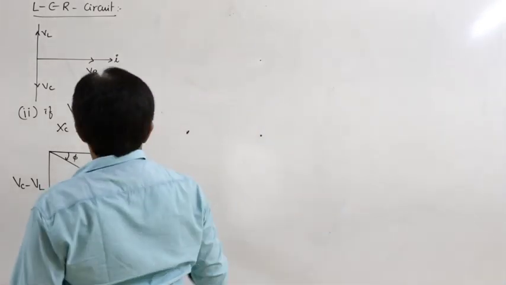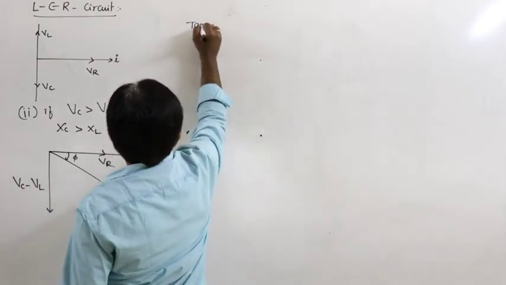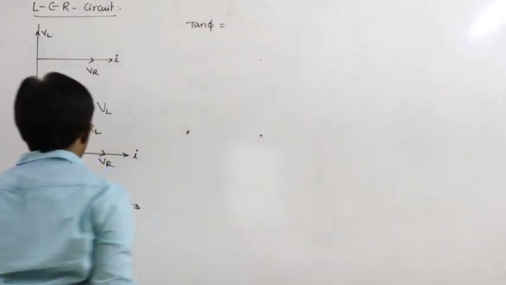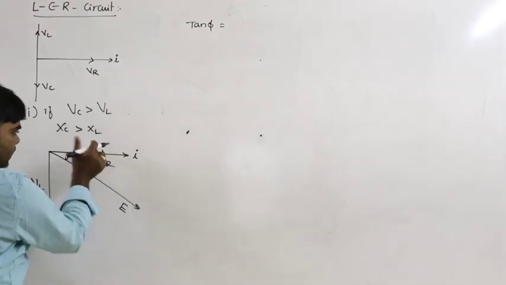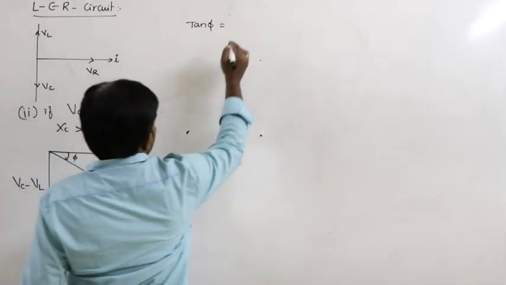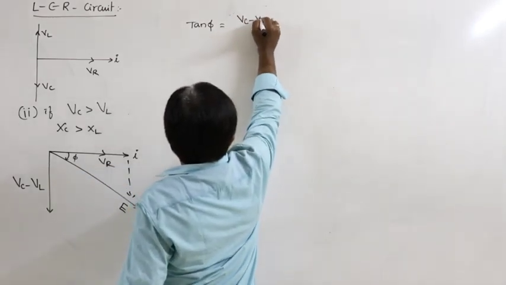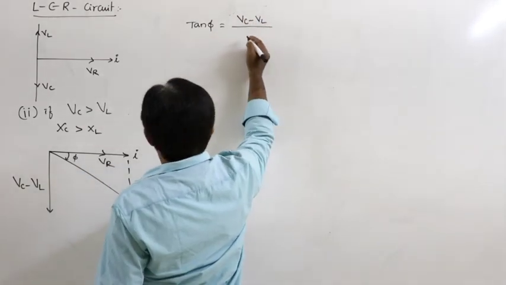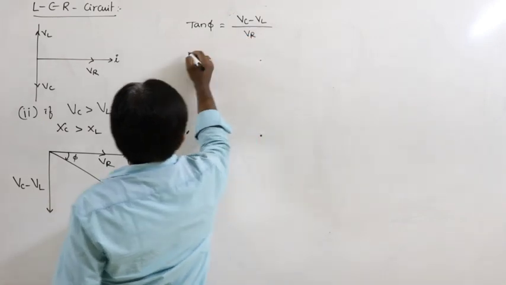First the phase difference. tan phi is equal to opposite side by adjacent side. What is the opposite side here? VC minus VL, divided by the adjacent side VR.